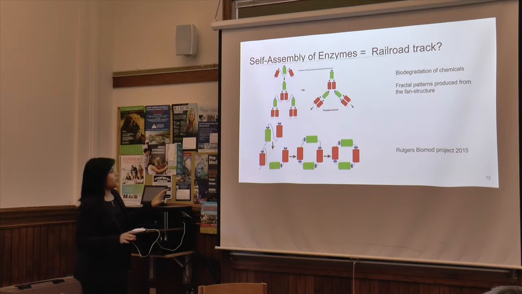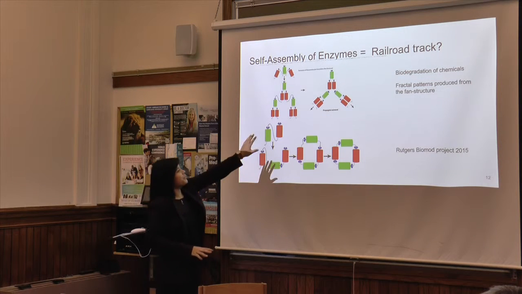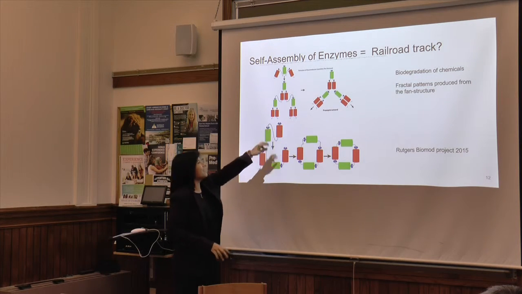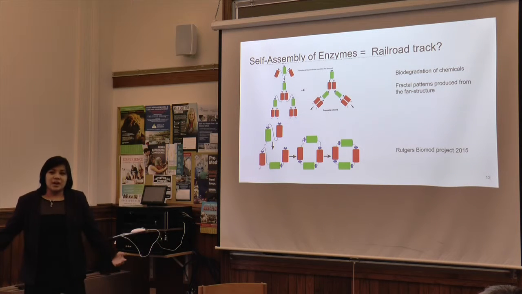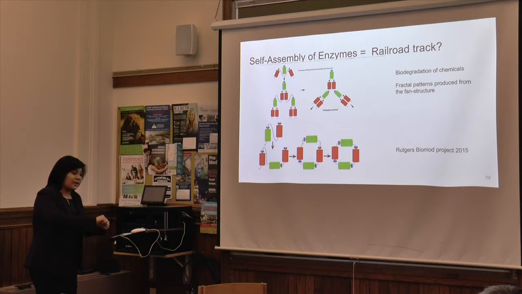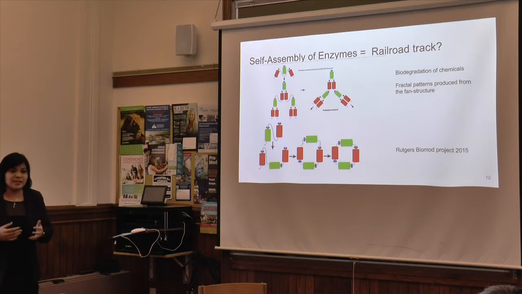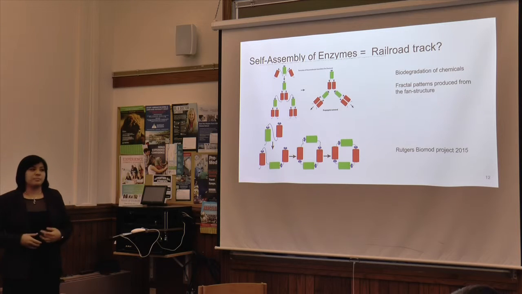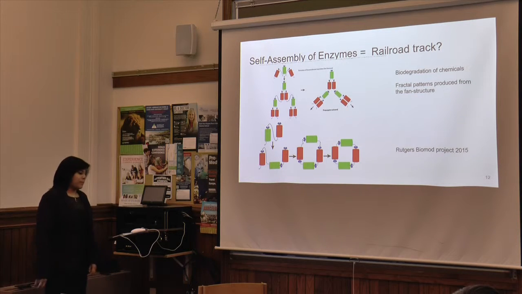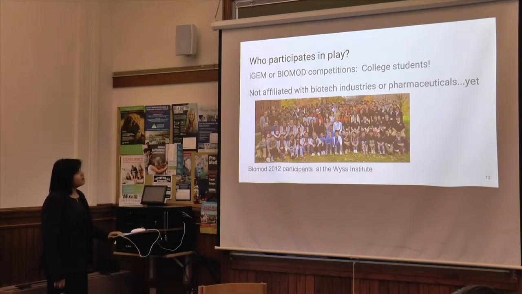It's really nice geometrically because they have these beautiful fractal patterns that make fan structures. But it's analogous to a childhood railroad track, where you link these flexible elements together in order to form circuitry that can actually be useful in different biomedical applications.